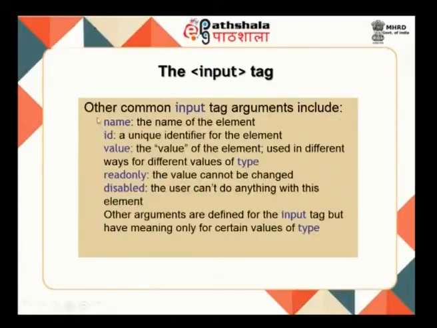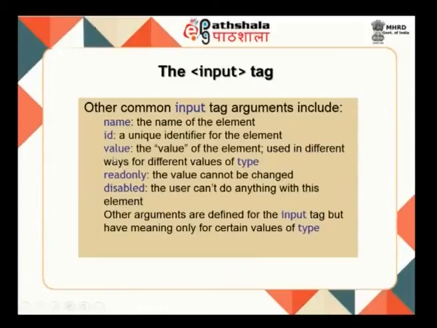Before going into the different types of inputs, let us see the other parameters you can use with the input tag. Apart from the type attribute, you can have an attribute like name that can give a name for the element, or you can have an ID for the element. This ID is going to be a unique identifier, and you can provide a value for the element, and it is used in different ways for different types.